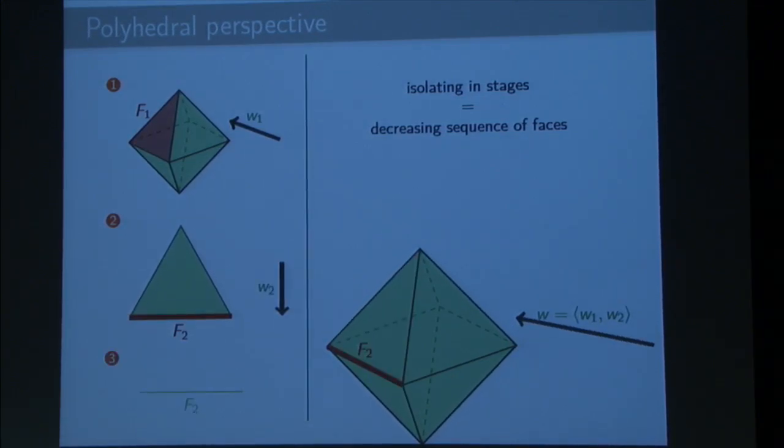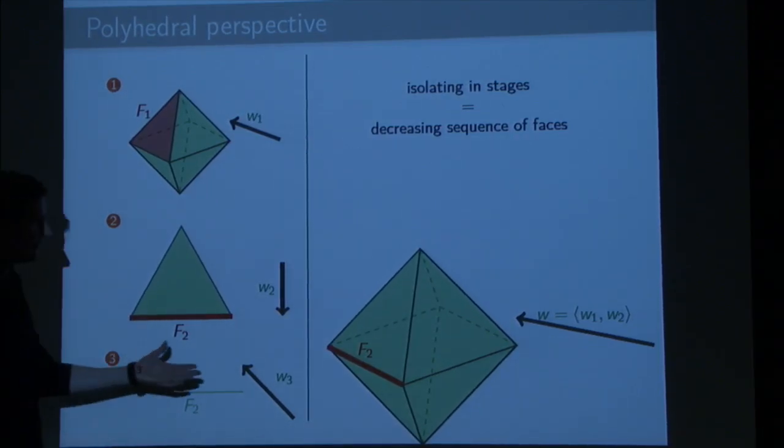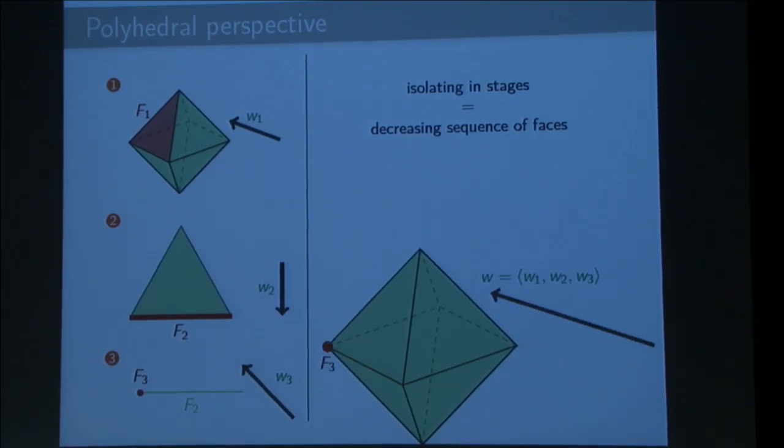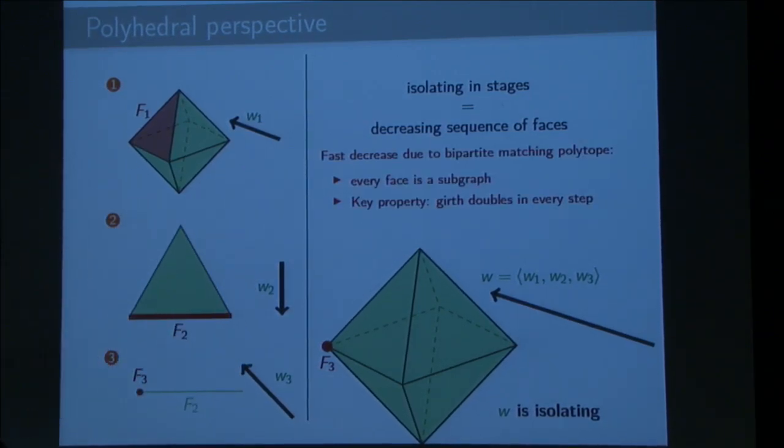And then on that face, we selected a new weight function. The key insight for measuring the number of weight functions we have to select is that the girth doubles in each phase. So I start with a graph of girth 4 maybe, and I end up with a graph that has no cycles. And this follows because every phase is a subgraph. So the girth makes sense here.